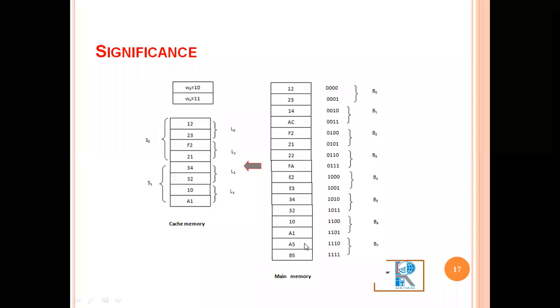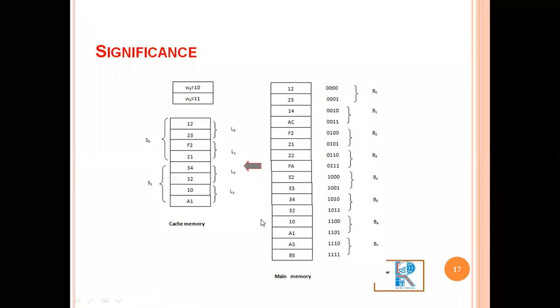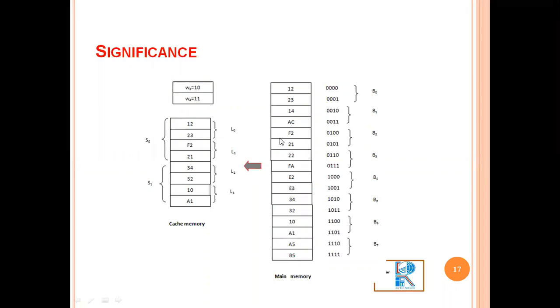Now, the question is, what is the advantage of using this? Here, this is in between the direct mapping and fully associative mapping. Why? Because it will go directly to the set number. Clear? And within the set, it will put the block anywhere.